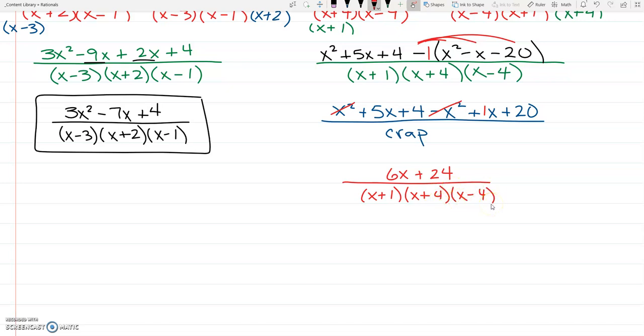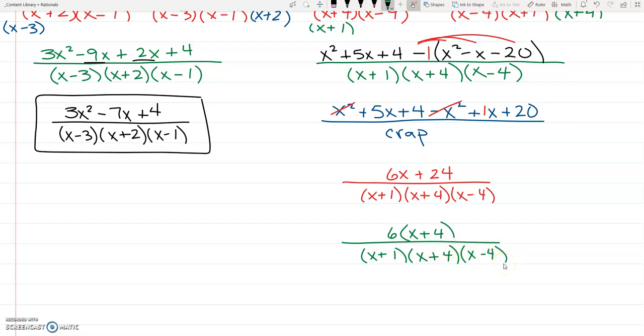I feel done, but I'm not. And this doesn't always happen, but in this particular problem it happens. Does anybody see the one more thing we can do to simplify? We can factor the top a little bit, okay, using greatest common factor. And do you see why in this problem it was really important to do that?